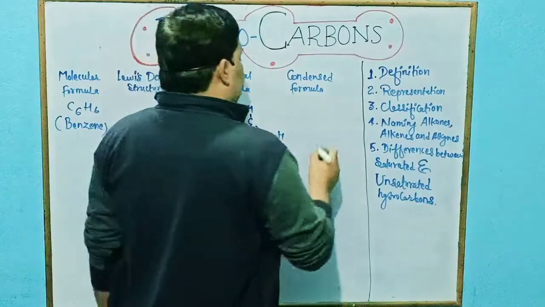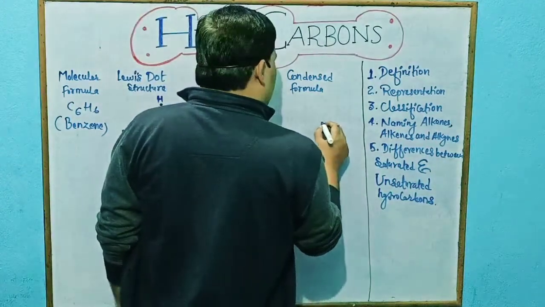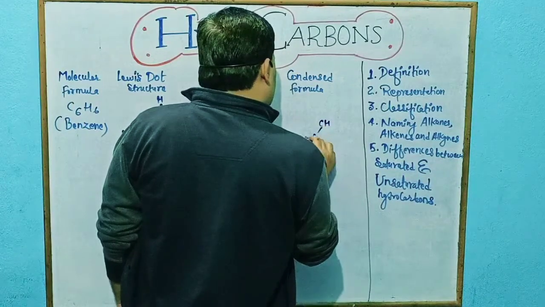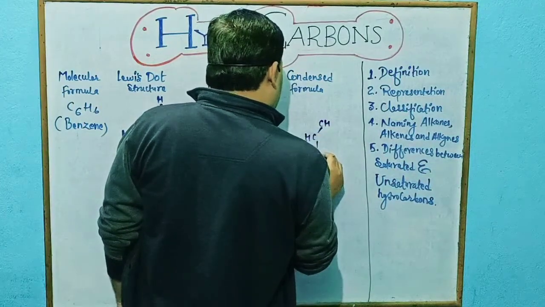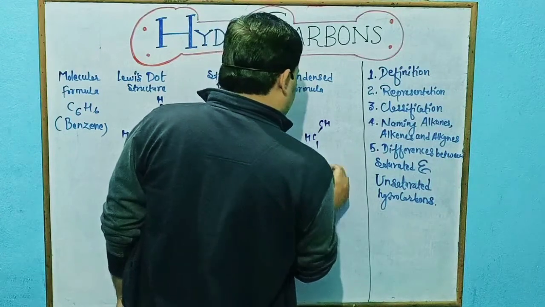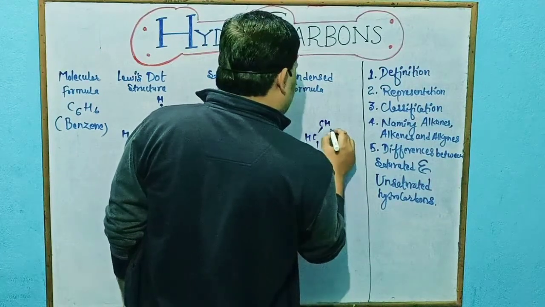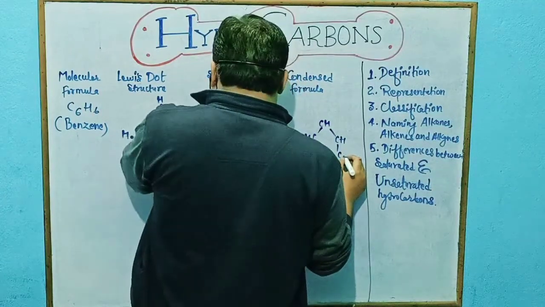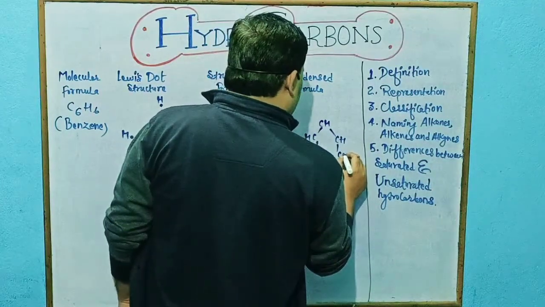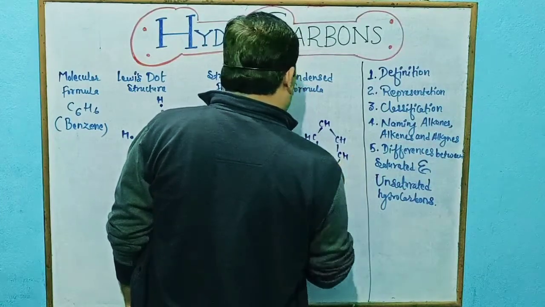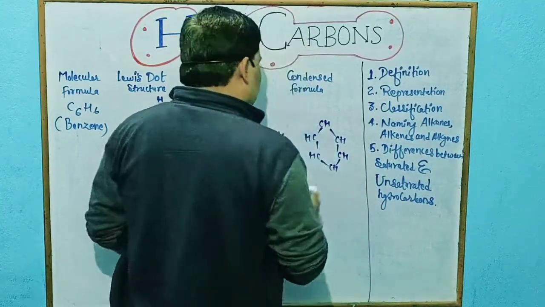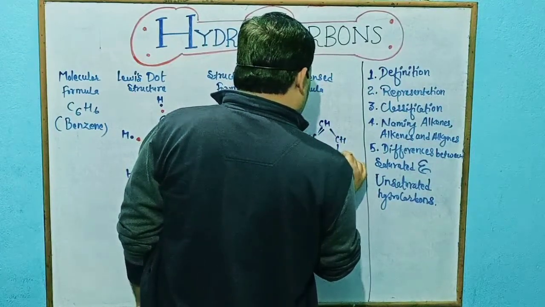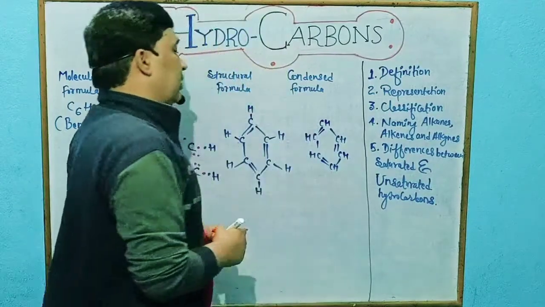The condensed formula, since it is a cyclic hydrocarbon, is represented as CH, CH, again CH, again CH, just like that.